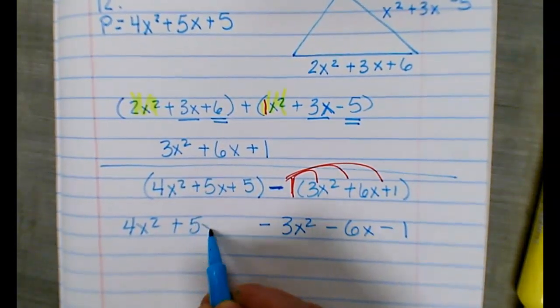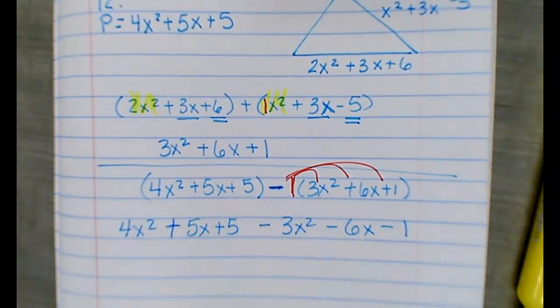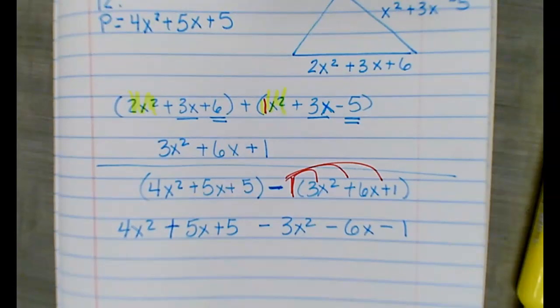Now, when I did this problem in a previous class period, I didn't leave myself enough space and I crammed it all together, and then I couldn't tell what the like terms were. So I would encourage you to write neatly so that you can read what you're writing.